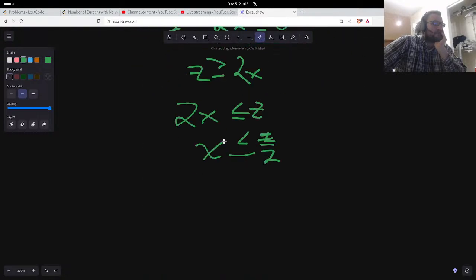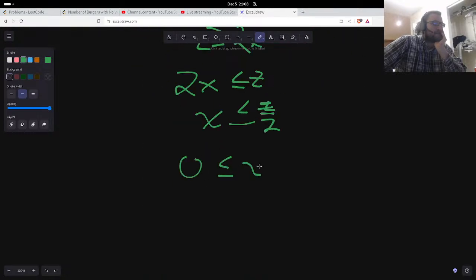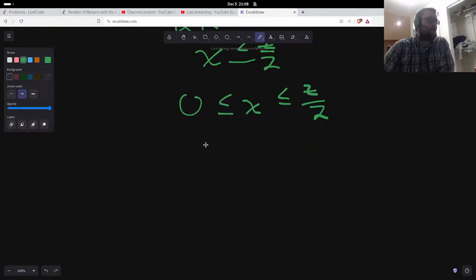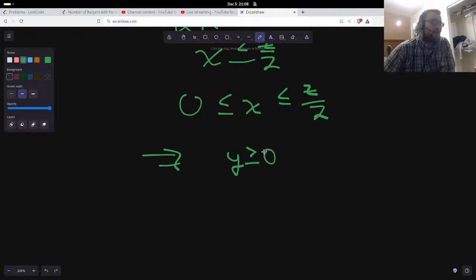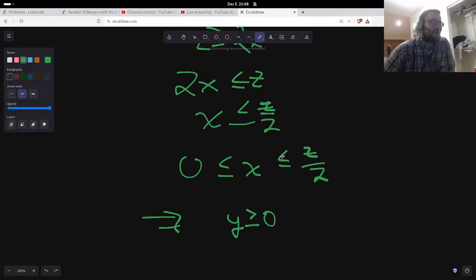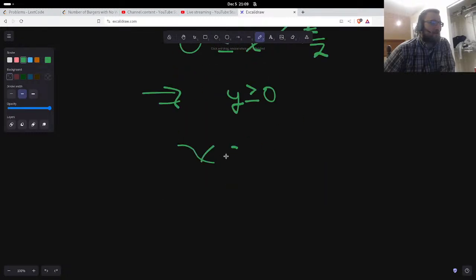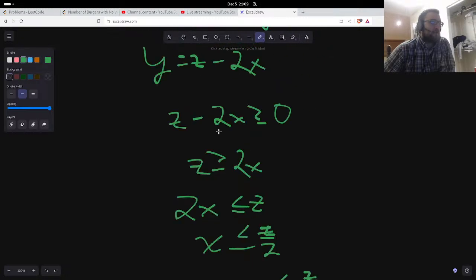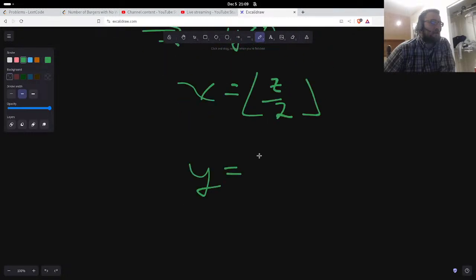That'll ensure, so X has got to be between these numbers. And then that implies that Y is greater than or equal to 0. So you could take any number X that's less than or equal to Z over 2. So you could say X is just the floor of C over 2. And then Y is going to be C minus 2X.